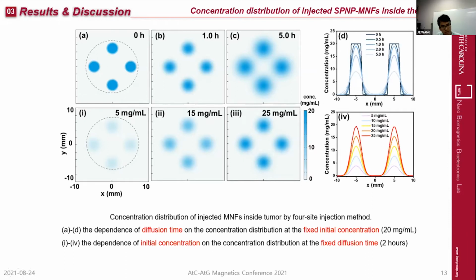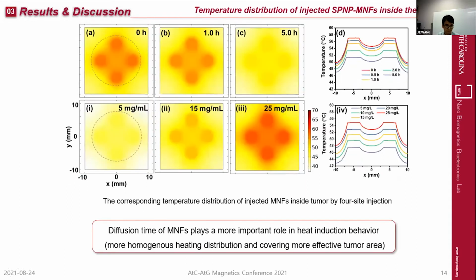So after determining the concentration distribution, we also get the corresponding temperature distribution like here. From this temperature distribution, we can find that the diffusion time of magnetic nanofluid plays a more important role in magnetic hyperthermia.